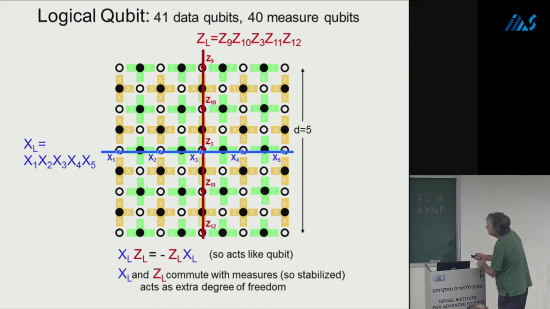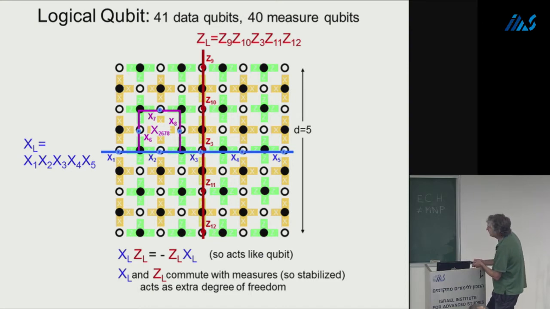Okay? Now, you might also ask, well, you've defined it in a certain way here, why don't I define my X logical by going from here to here, up to here, down here, here? You could do that, but the difference between this and this is just the X2, 6, 7, 8, and that's something we measure. We know that's plus or minus 1. So there's just a trivial constant between this and this, so it's the same operator.